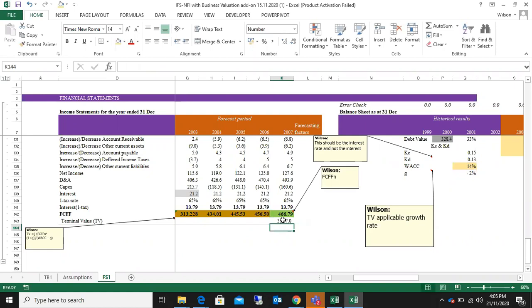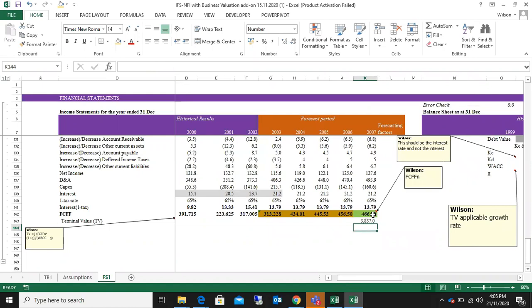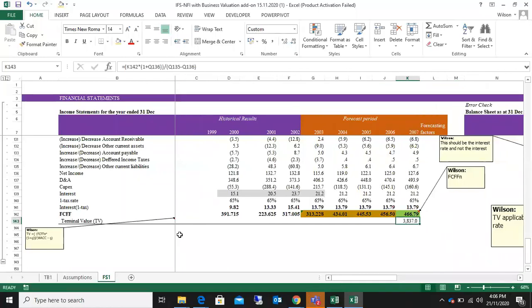Pick your work and remove the G. Exactly. So this is the terminal value. This is the average of what the forecast would be beyond 2007. So if you have 2008 to infinity, this is the average of all of them to infinity. Okay.